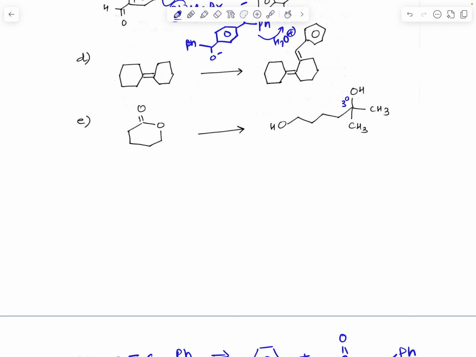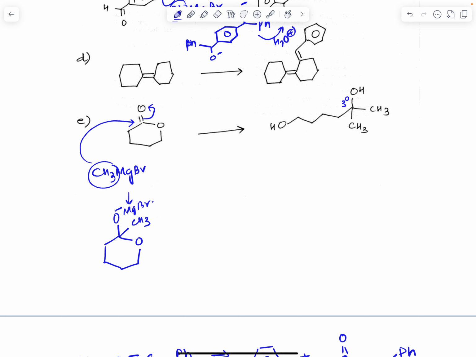In this one, I'll show you the mechanism. Although if I ask you to do this on a test, you don't need to show me the mechanism unless I specifically ask you for it. I'm showing you the mechanism so you can understand how this forms. We take the CH3 that attacks here, that goes up there. That's step one. I'm going to put the CH3 out there. You don't have to write the MgBr, so I'll just take that off to make it clean. That comes down and that leaves.